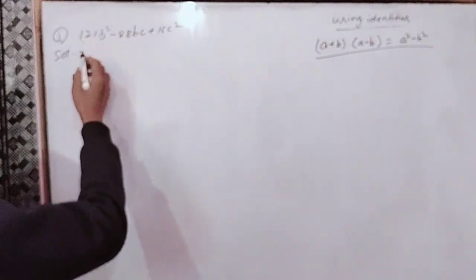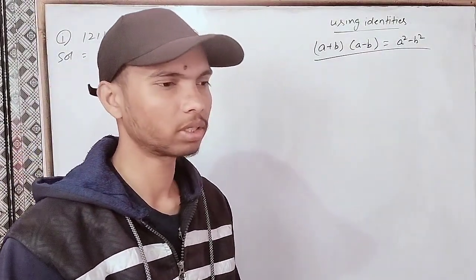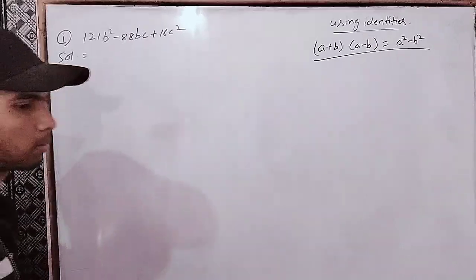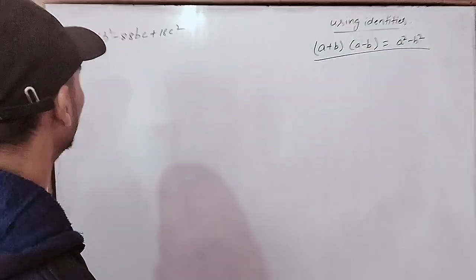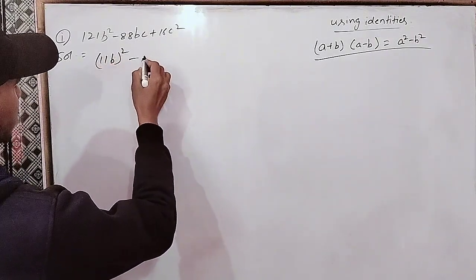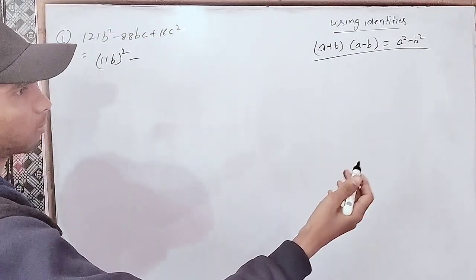So here 121 is the result of base 11. 11 times 11 would be how much? 121. Clear? Then we have here 4 times 4.